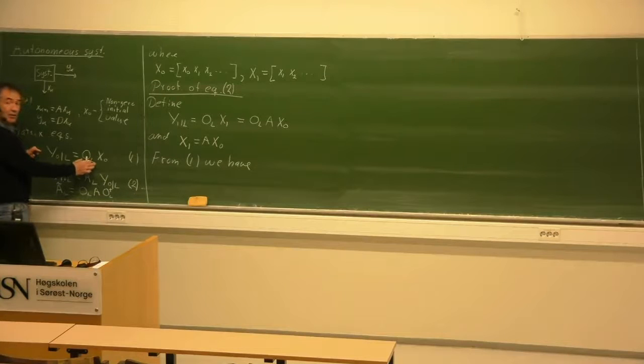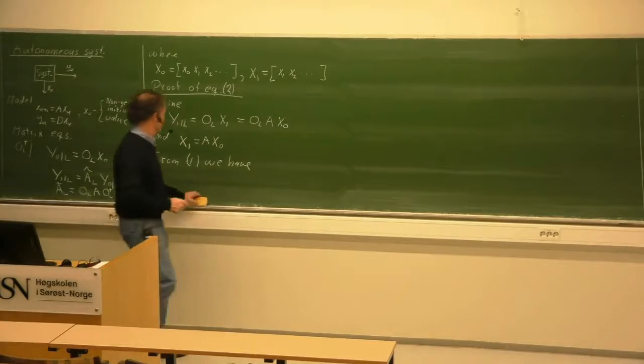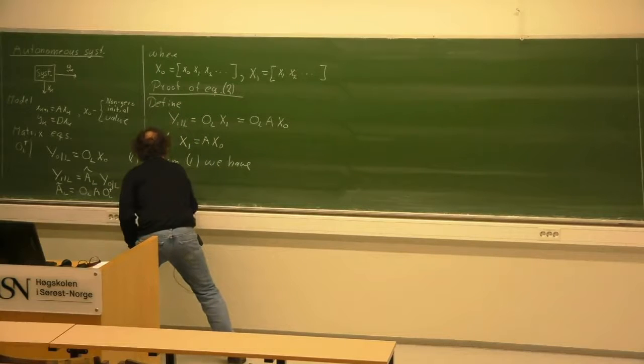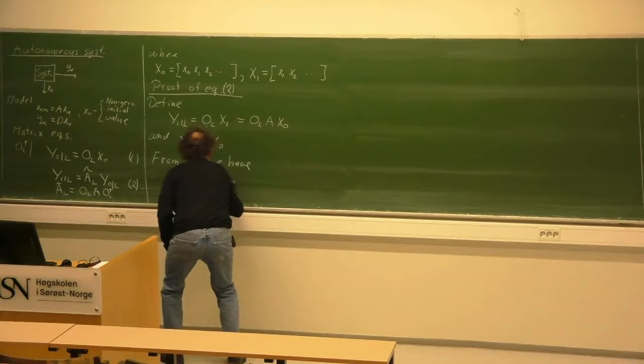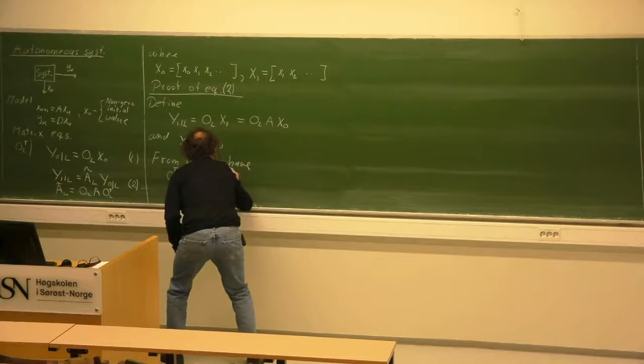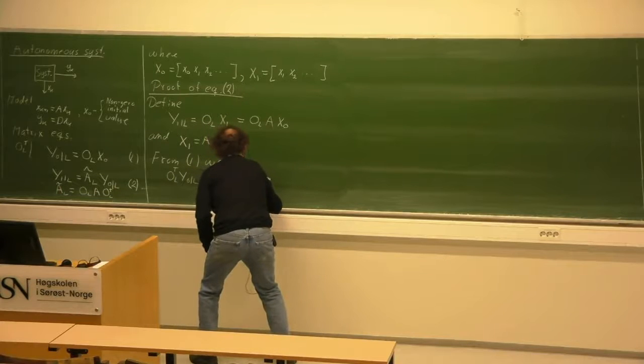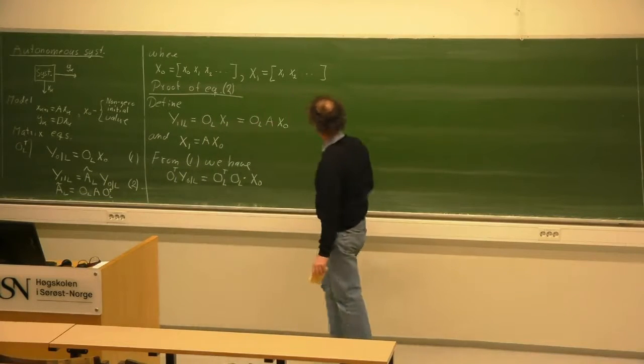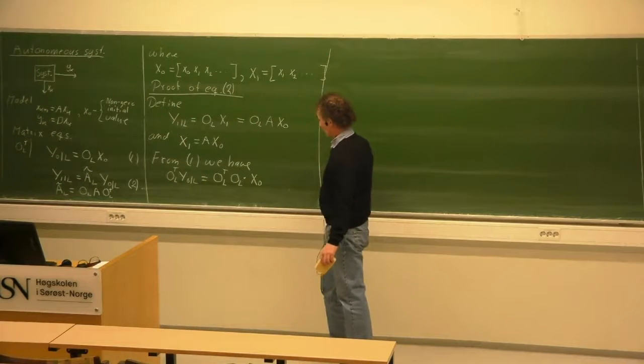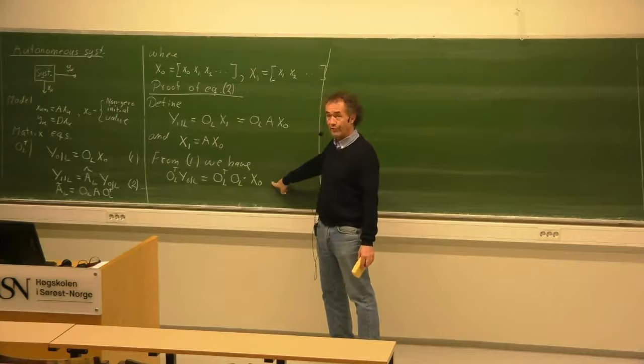But in general, this OL is rectangular. So let me multiply with OL transpose first. Then we have OL transpose OL times X0 given L equal to a square n by n and invertible matrix. This may be solved for X0.